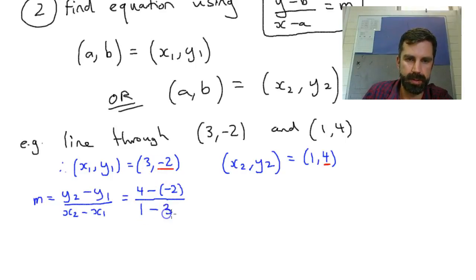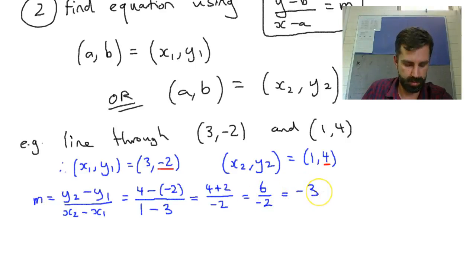Well, that's just 3, so that's okay. Now the trick here is that these 2 negatives become a positive. So you've got to be really careful there. Don't rush this process. 1 minus 3 is actually -2. So now we've got 6 over -2, and if I simplify that fraction down, that's going to be a slope of -3.